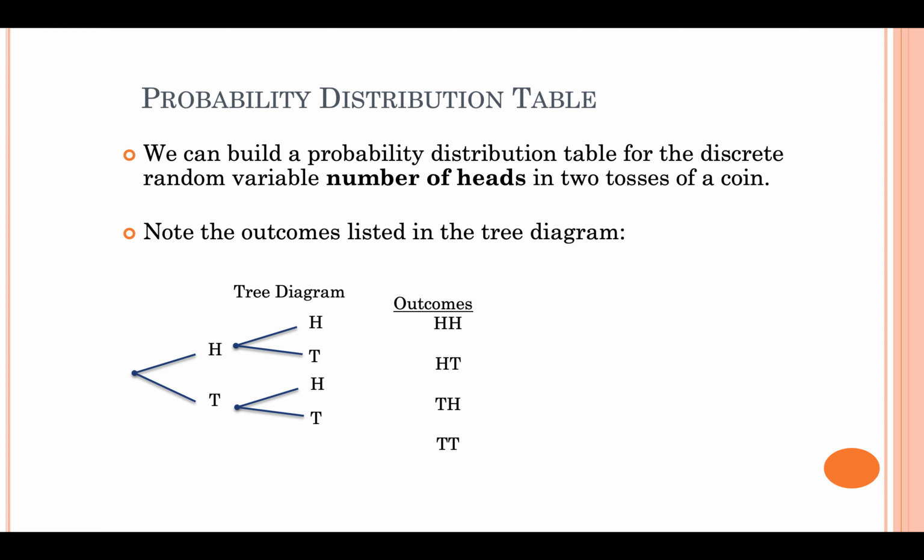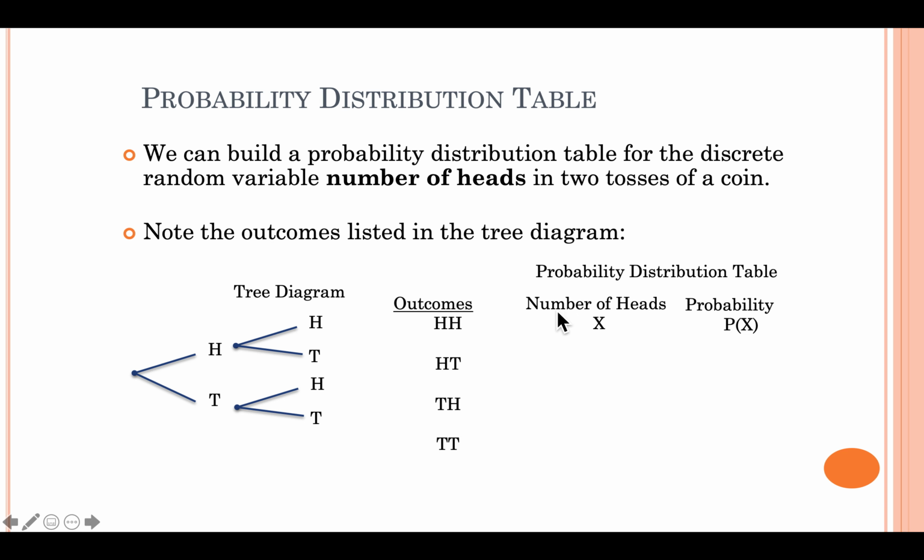There are 4 outcomes for 2 tosses of a coin, and these were the 4 outcomes. You can get 2 heads, you can get heads and tails, tails and heads, or tails and tails. Noting that we have 4 outcomes, these 4 outcomes are going to help us establish the values for the probabilities. So in building the probability distribution table, there are 2 columns.